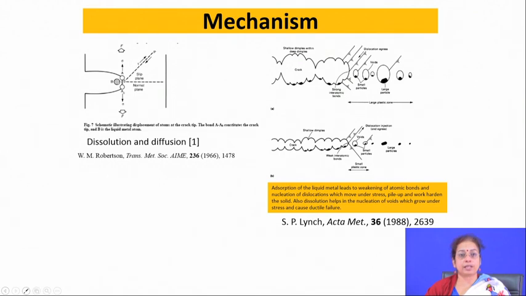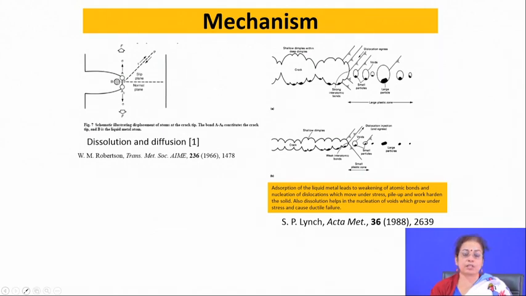Naturally, stress has to be there, either internal stress or external stress, because the embrittling phenomenon is usually observed when the material is subjected to stress. Otherwise, if it is in a static condition and no stress is applied, there is no problem. Whenever you apply stress and there is liquid metal in the environment, there are different ways by which the crack initiates and propagates.